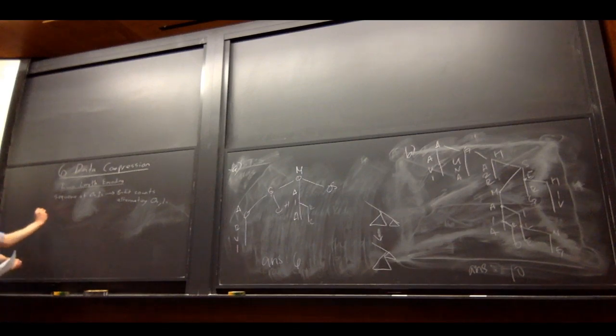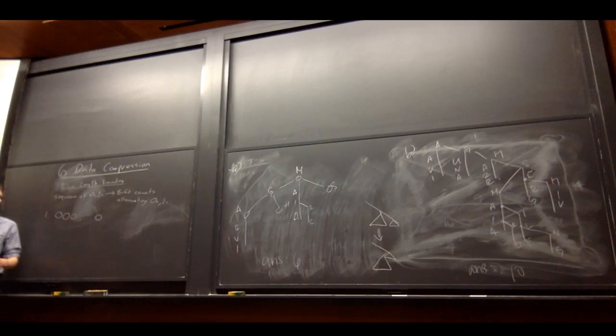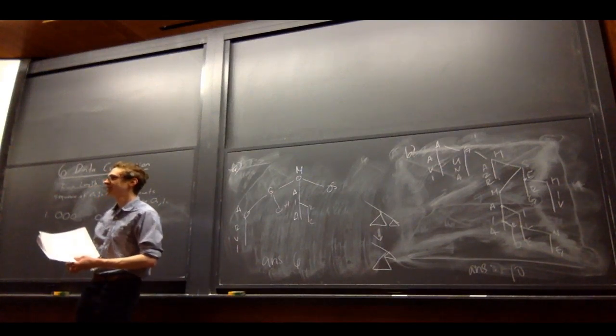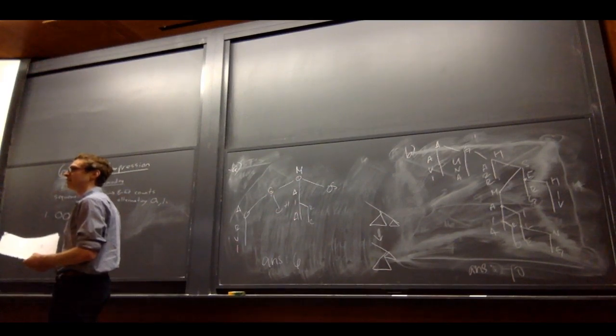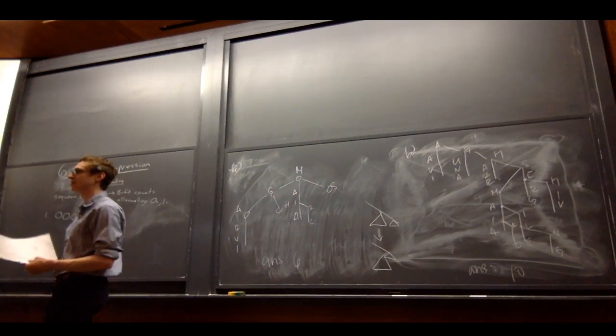So for the first problem, we just have a sequence of all zeros. If our sequence is entirely a bunch of zeros, what would we compress or encode this string of zeros as? Yeah, that's right. Cool.